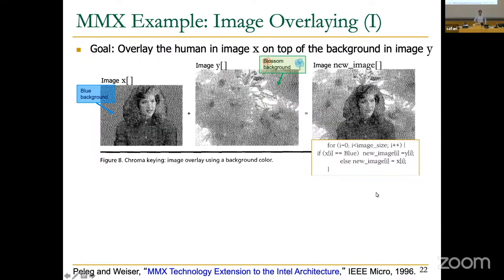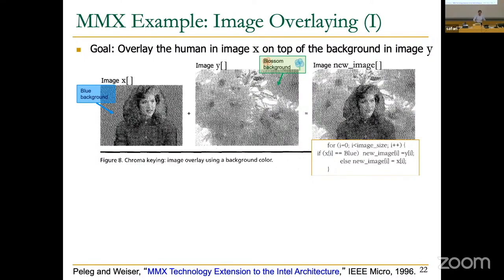But if you don't have parallel operations, it's actually slow. So this is the loop that you would write to do this. You go through every pixel in the image. You check if the source pixel is blue. If it's blue, in the new image, you replace it with a pixel coming from this second image. That's the idea. Otherwise, the new image stays the same as the original image, right?